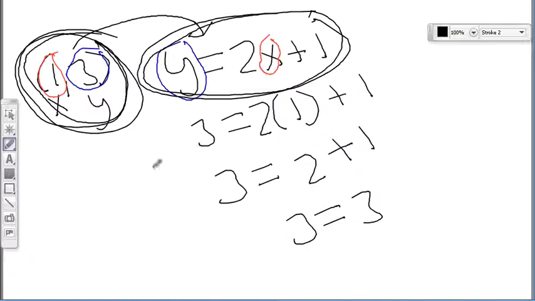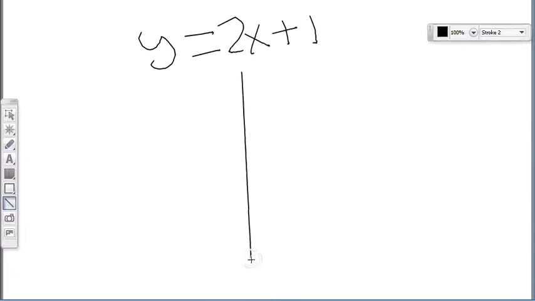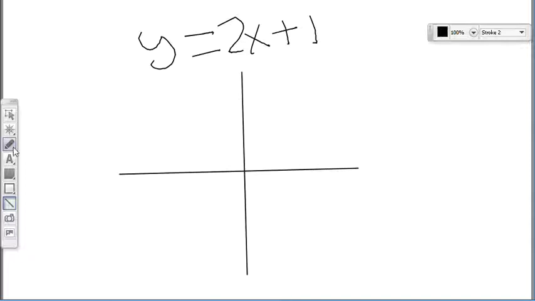Okay, so when you have a point that's on a line, the ordered pair for that point provides you with a solution. And if I were to graph this line, y equals 2x plus 1, I'm just going to go ahead and do a quick graph here. I know this line crosses the y-axis at 1. So remember, this is my y-axis, and this one is my x-axis.